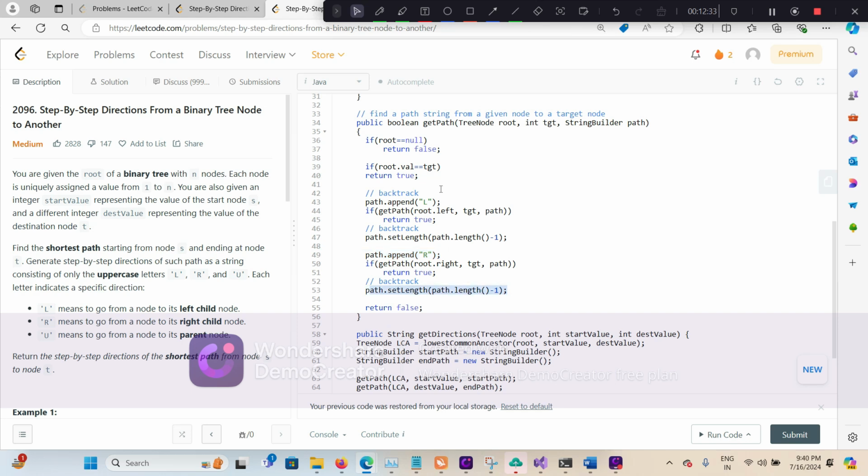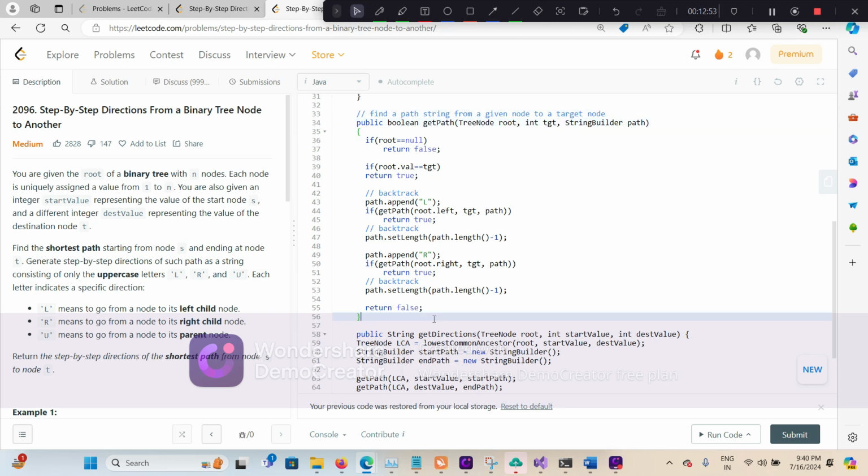If we are not able to return so far in this code, we return false. So this is our method which will give the path string, or StringBuilder, from root to any int target.